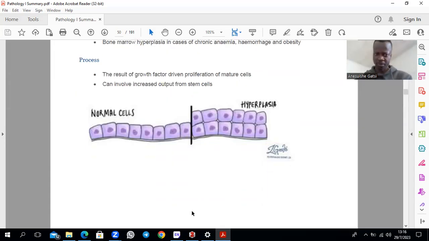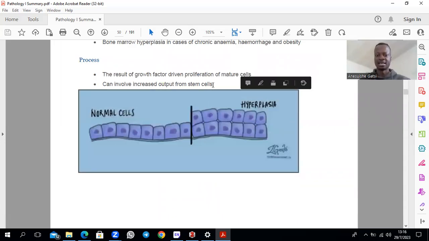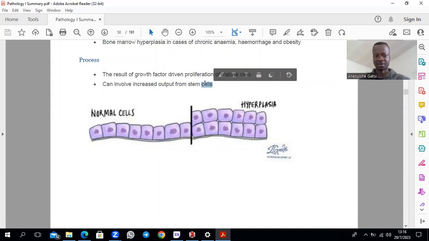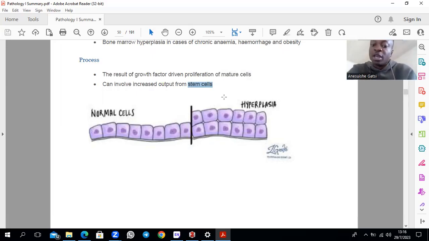Okay, so for me to have hyperplasia, the point there, I need stem cells. Right. For hypertrophy, I don't need stem cells to be there. Right. So it's growth factor driven, but I need stem cells. It's hormonal driven, but I need stem cells.